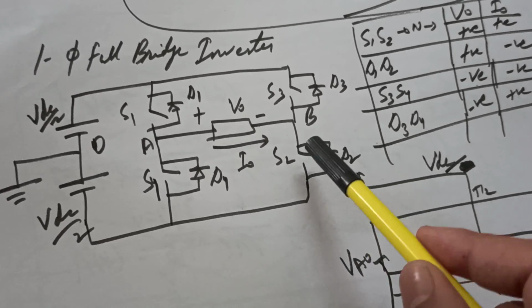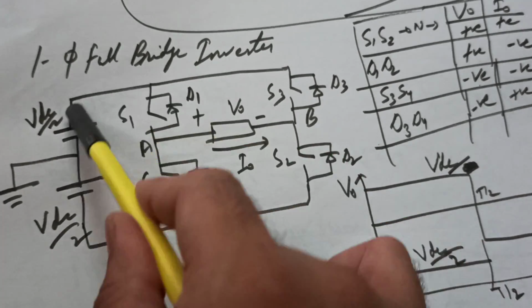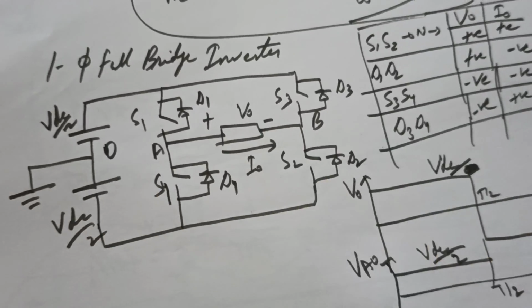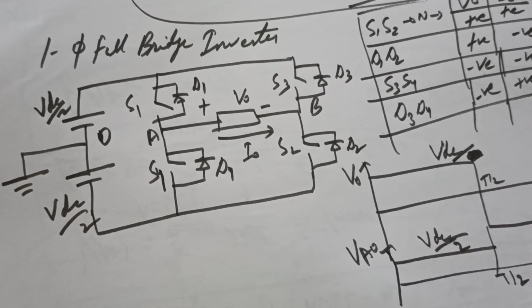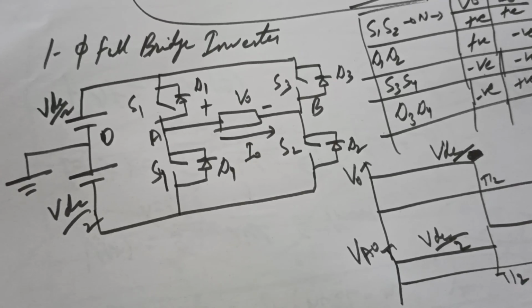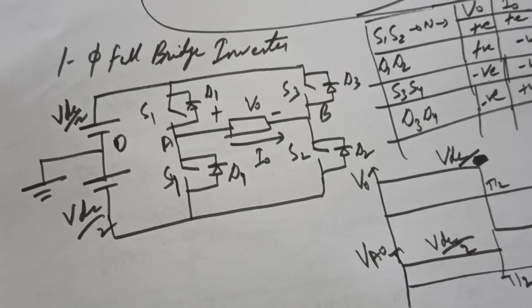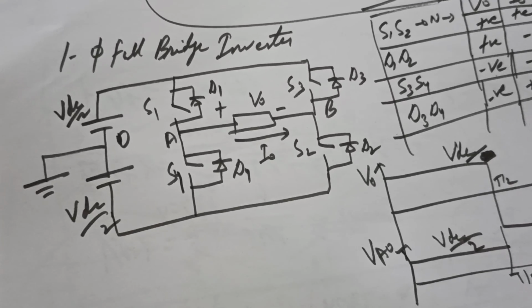It is having D1 D2, but terminal A gets connected to plus VDC and the other terminal gets connected to minus VDC. So we can be very sure that the output voltage when D1 D2 are conducting is positive in nature, and the direction of current is going to be negative.